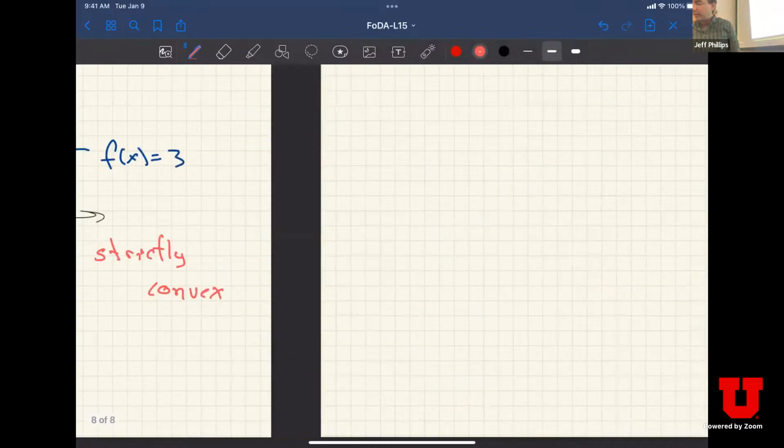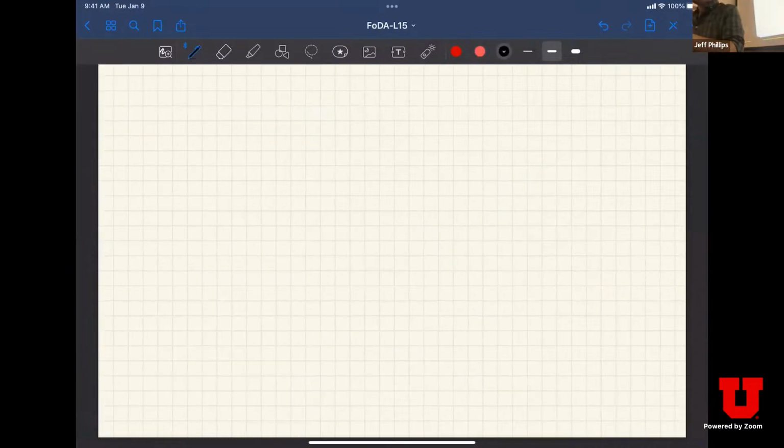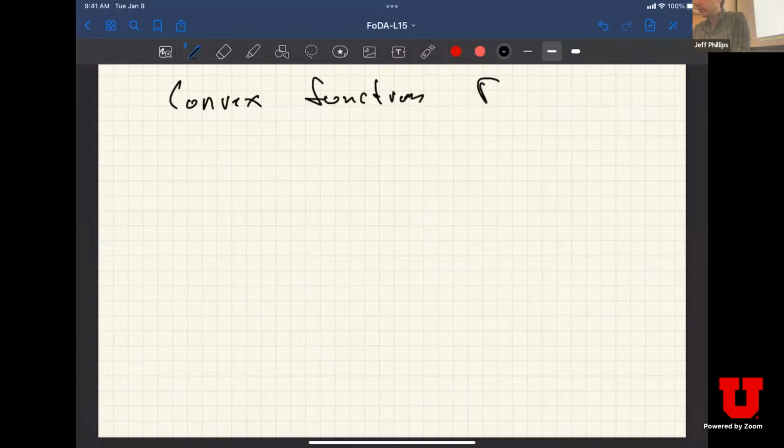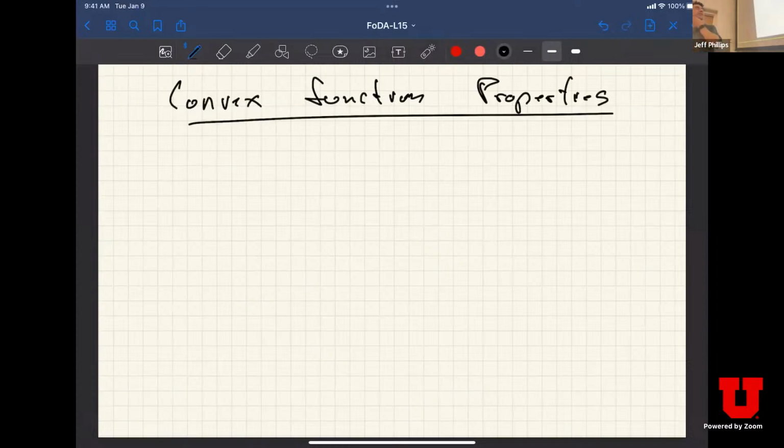Let me state a couple of properties of convex functions.